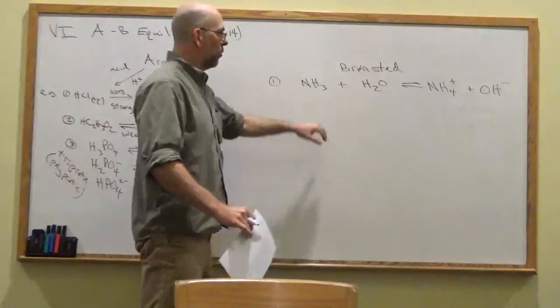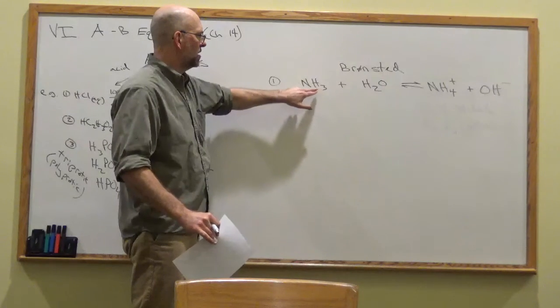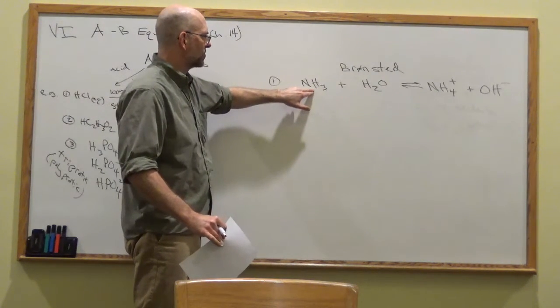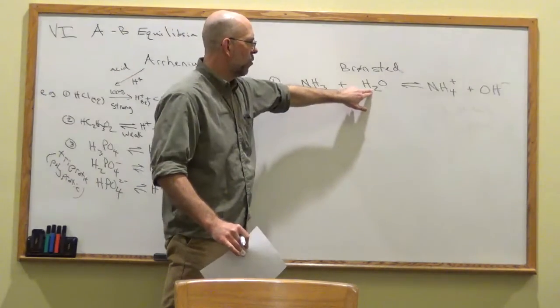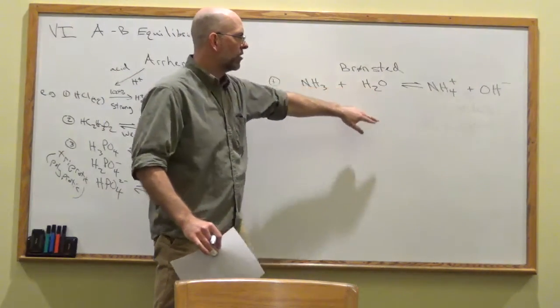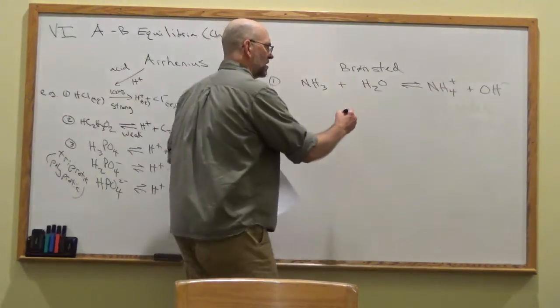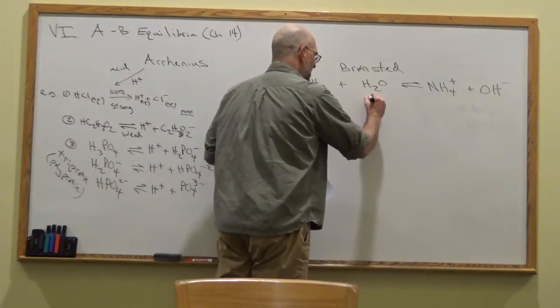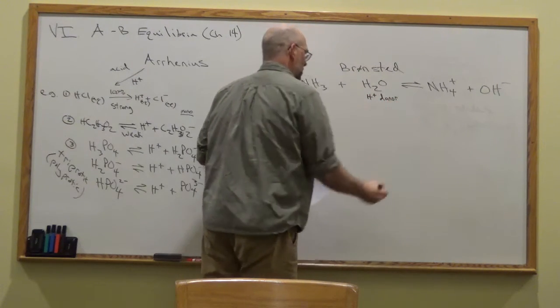Well, that's fine. Well, what's actually happening in this reaction? Well, NH3 is accepting an H plus from the water. And water is left behind with OH minus. So in this case, see if I can get this right. This is an H plus donor.